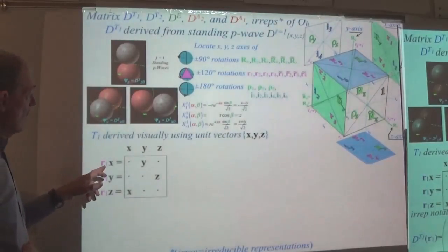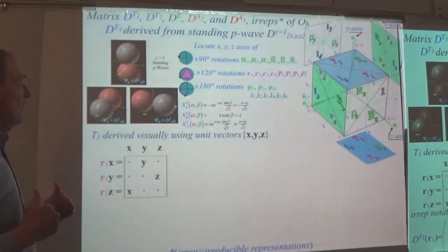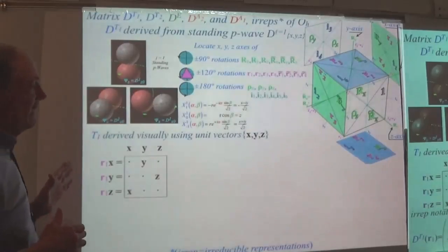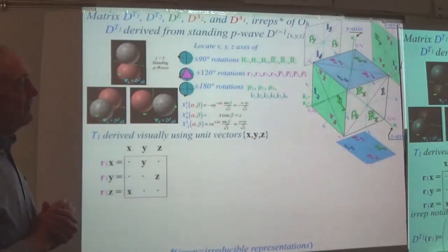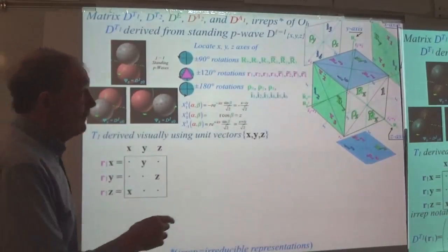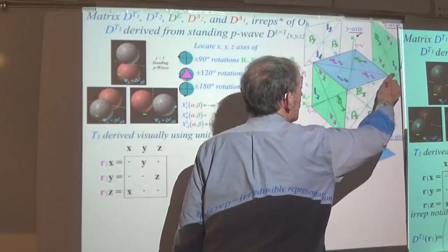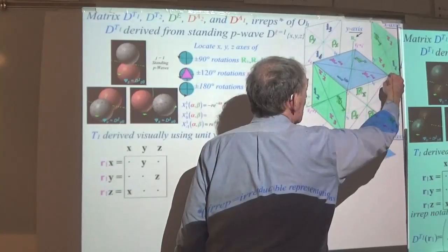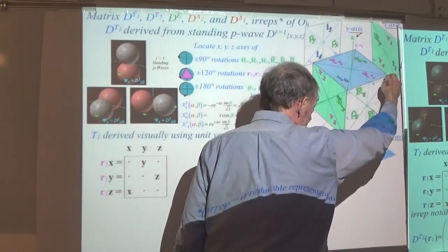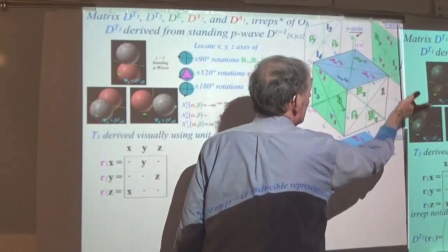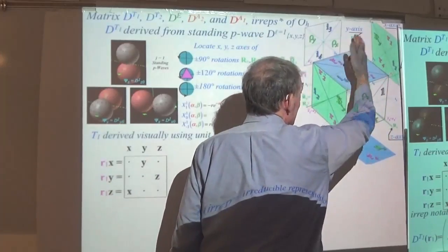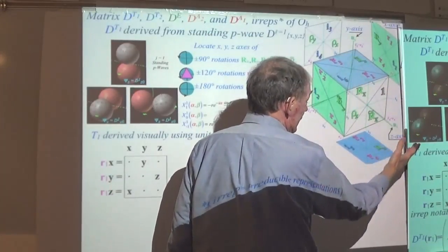Okay, I look at R1. What does that do to the unit vector in the x direction? That's all we need to know. Now R1, remember, is the one with its axis in the 1, 1, 1 direction, right in the middle between the x, y, and z axes.